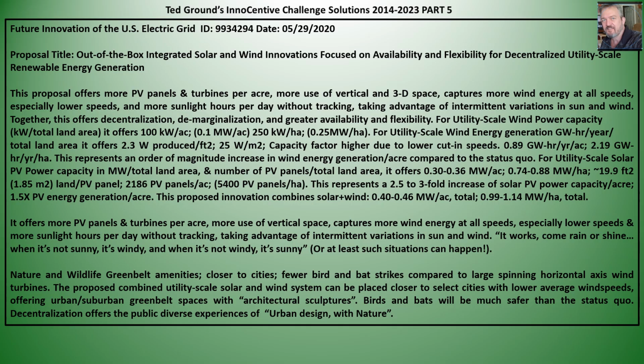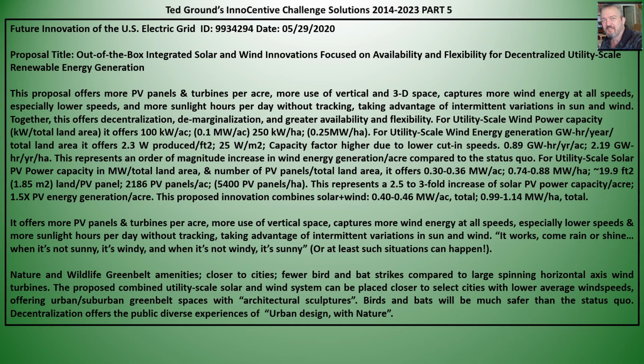So what does that mean? This represents an order of magnitude, at least a factor of 10 increase in wind energy generation per acre compared to the status quo. That's what I want to drive home here.